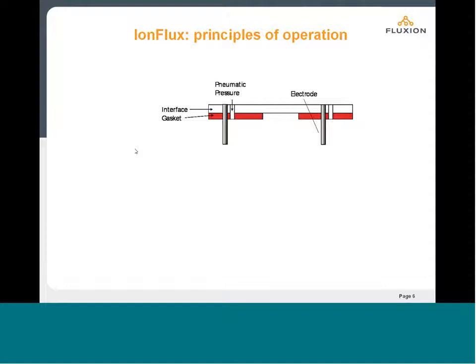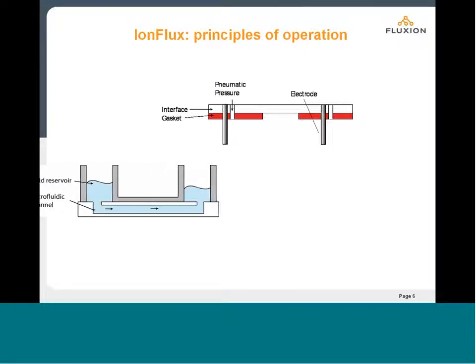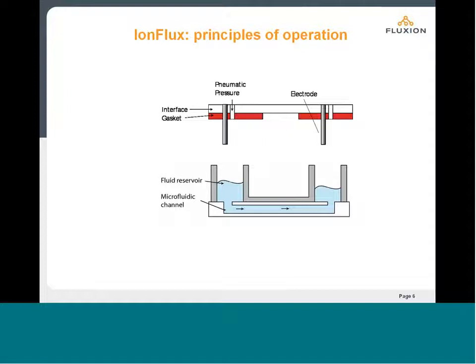So the internal solutions, the cell suspension, and the compound wells are all loaded into the plate prior to loading the plate into the IonFlux reader. Once the plate is loaded into the reader, an interface is brought down which brings the recording electrodes, shown here as these gray bars, as well as the pneumatic control coming into the well.